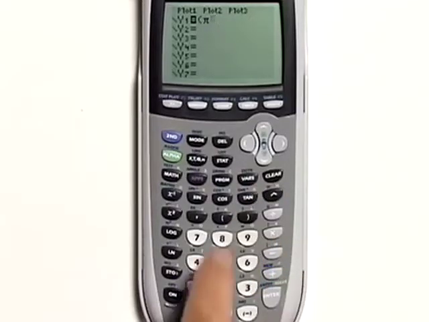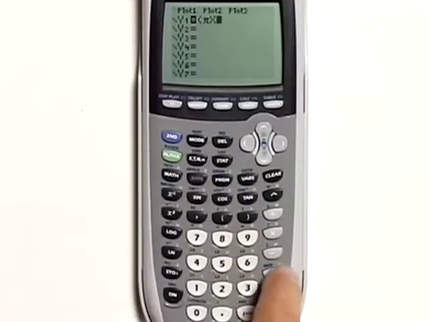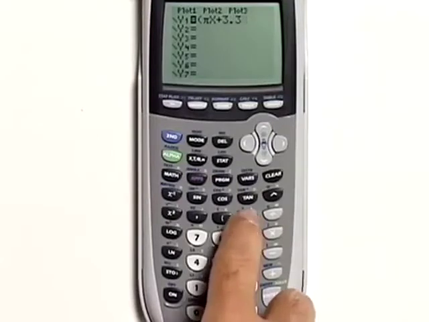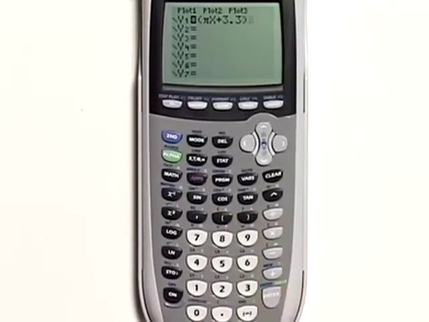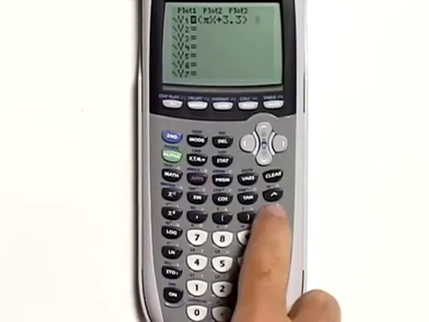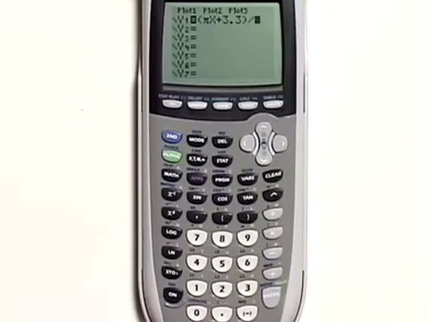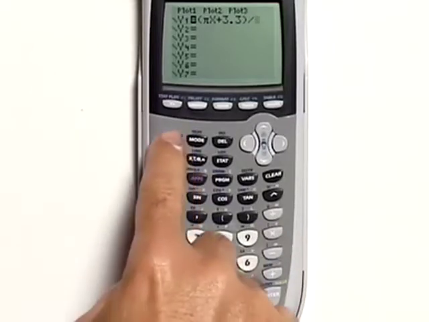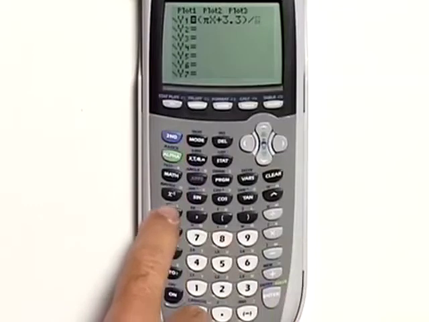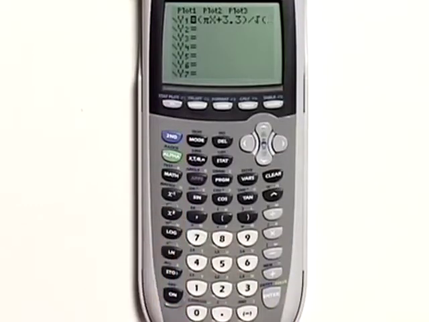Then we need the x key, then the plus, and then we enter 3.3. Close the parentheses, and then we divide by the square root of 3, so we hit second and then the square root key, which is x squared, and you'll see it gives us a parenthesis. We'll enter 3 and close the parentheses.